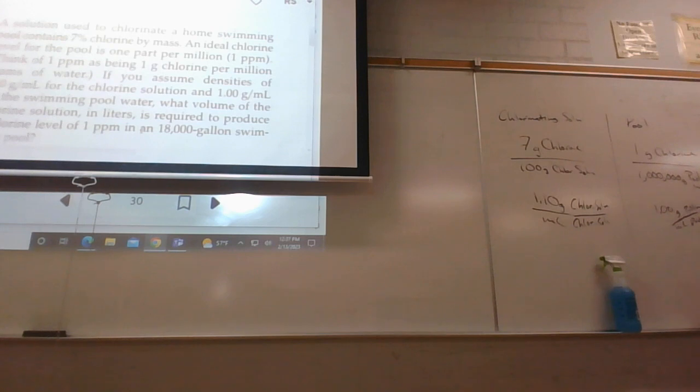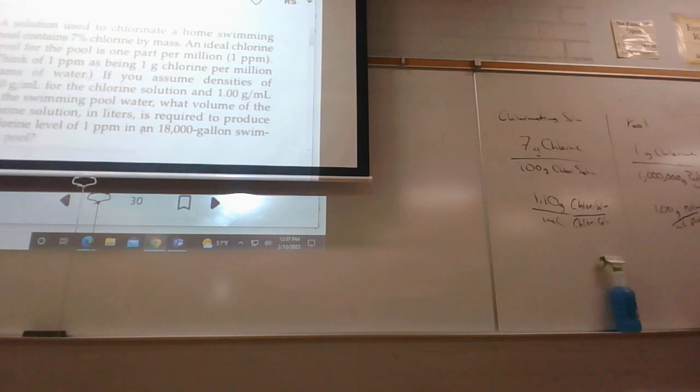We're given an 18,000 gallon swimming pool. And so normally that's where we start off with. We start off with 18,000 gallons of swimming pool water. And that's what we call the starting point for this. But there are actually two unknowns here. The two unknowns: is it still going to be 18,000? We're going to be dumping some chlorinating solution in here. When we dump the chlorinating solution in here, doesn't that change the volume?